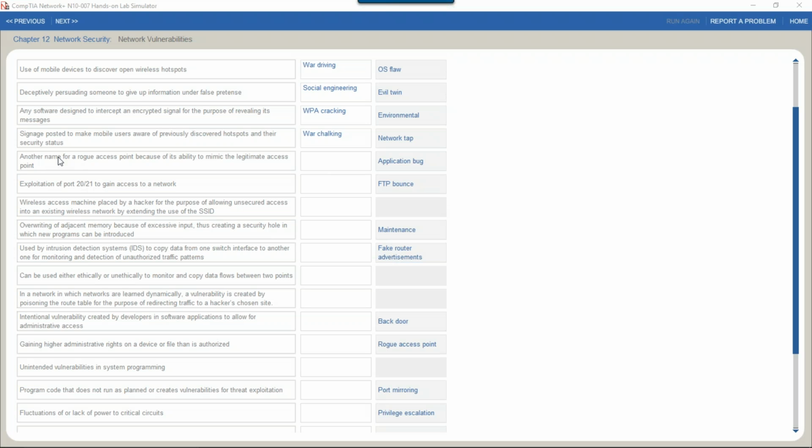On the rogue access point, is that just something a hacker uses, or is it just someone putting something out there? It doesn't have to be a hacker. It could be someone that just wants to intercept packets. It's another way of gaining information.